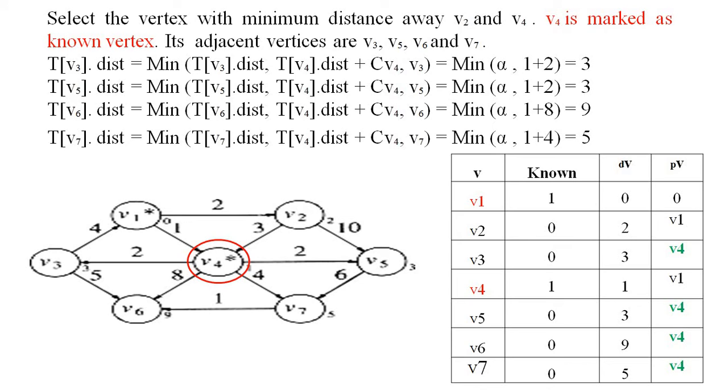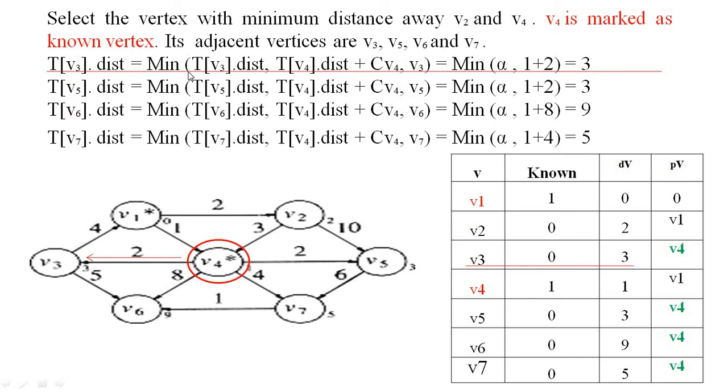Let me discuss v4. v4 can be connected with v3, v5, v6 and v7. So how can the v3 value be written as 3?